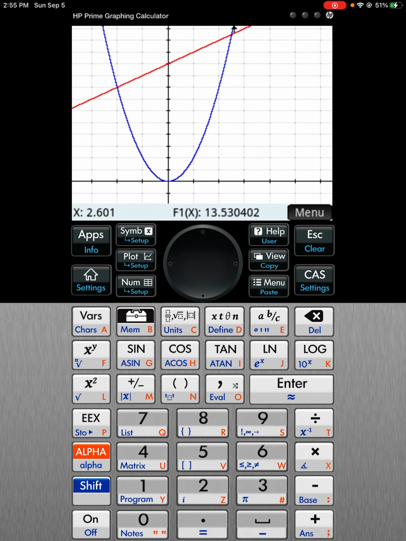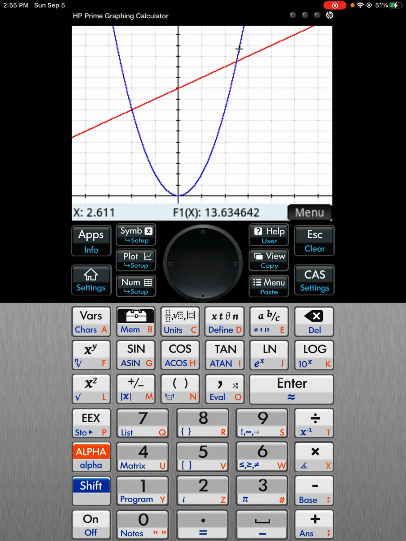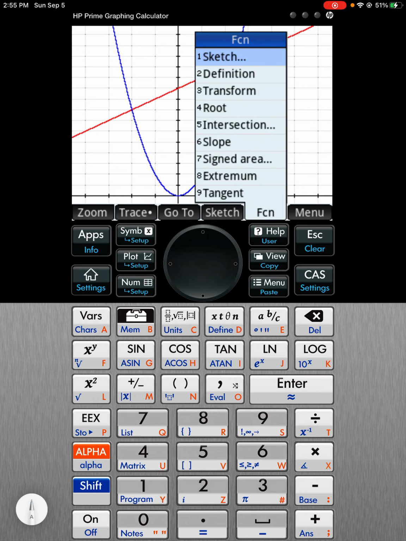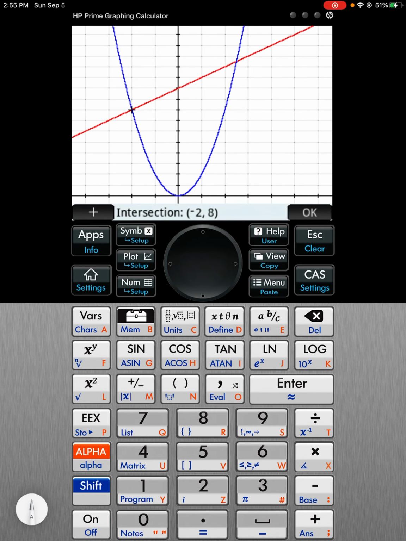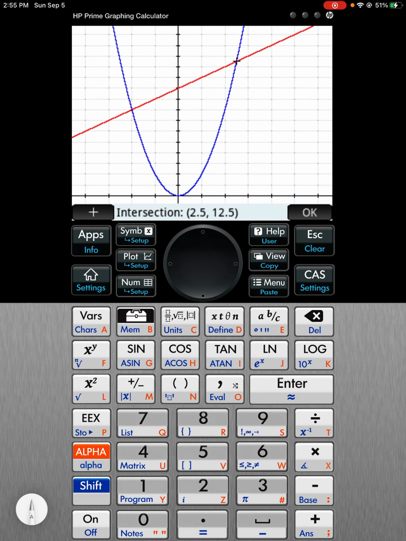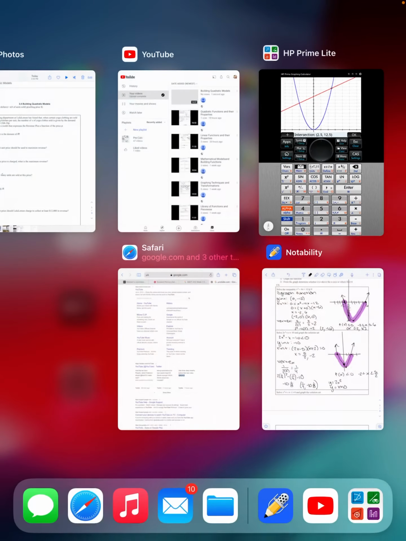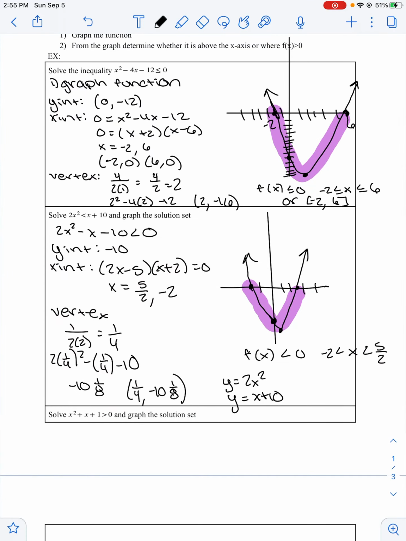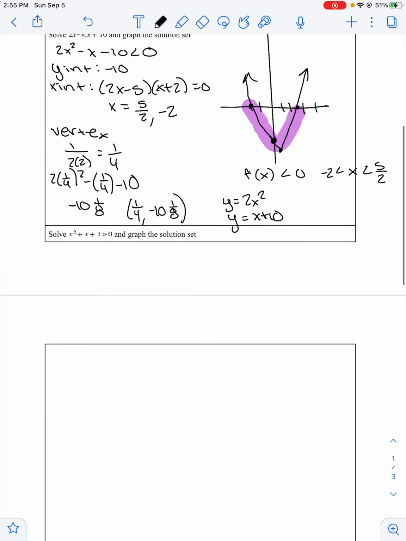And the original inequality is trying to find when the 2x squared is less than x plus 10. So when the blue line is below the red line. And that would be from the x, if I do menu, function, intersection, from -2, menu, function, intersection, to 2.5. So you can do it that way as well to get both your solutions.